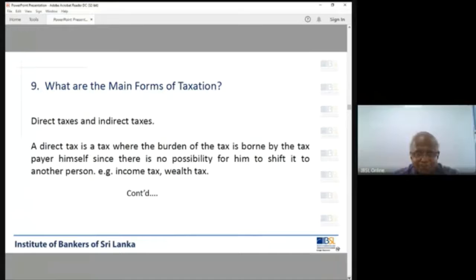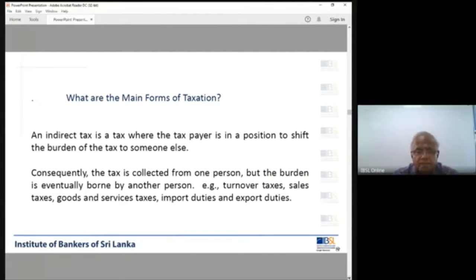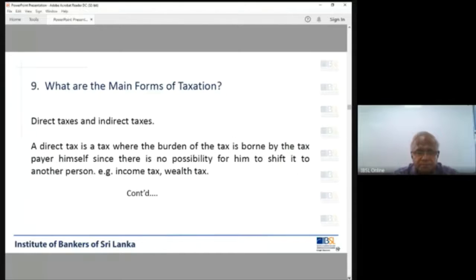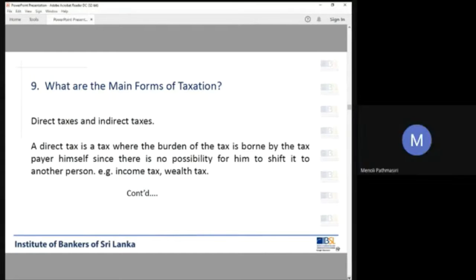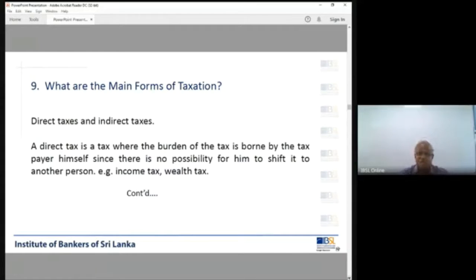About how much? 80-20? 20 direct, 80 indirect? Yes, roughly about 80-20.